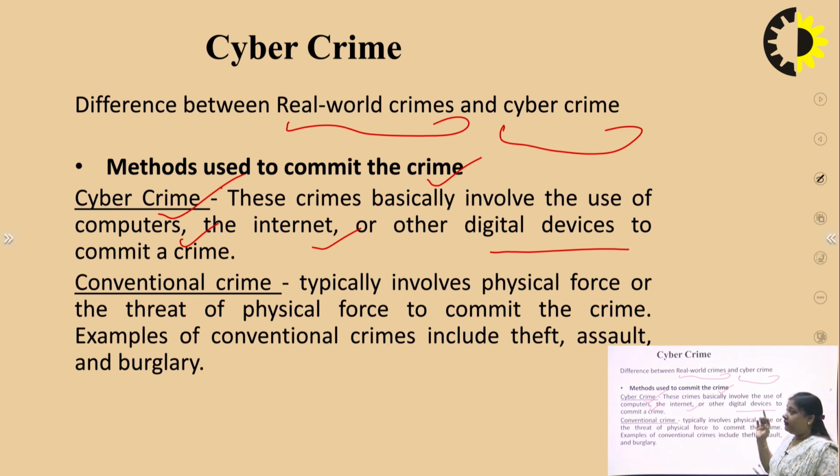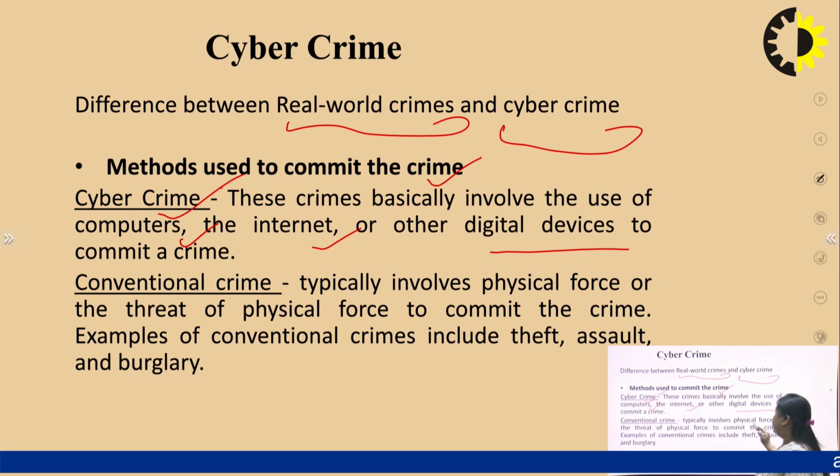So the methods are a way to differentiate between cyber crime and conventional crime. Conventional crime is the real world crime. In conventional crime, it involves physical force to commit the crime, means theft, assault, burglary, murder. So these are some methods to commit a conventional crime or a real world crime.